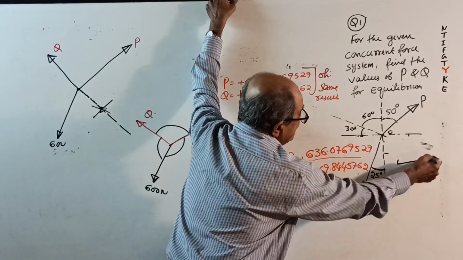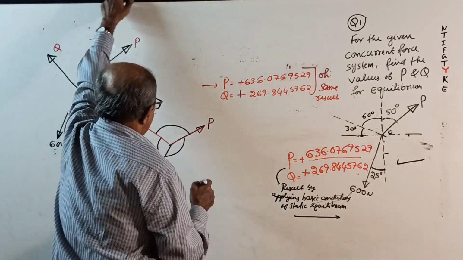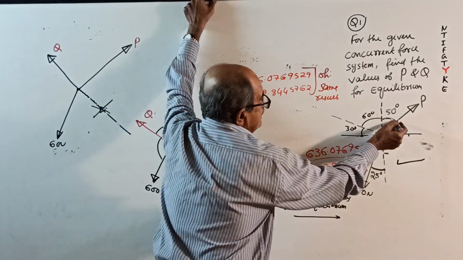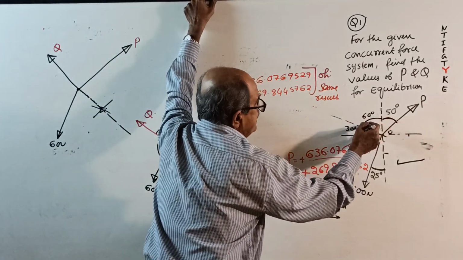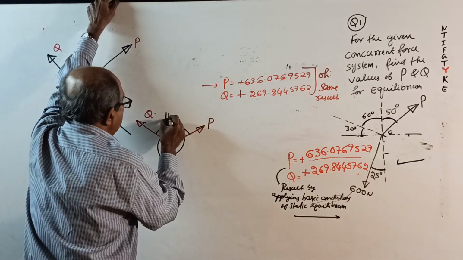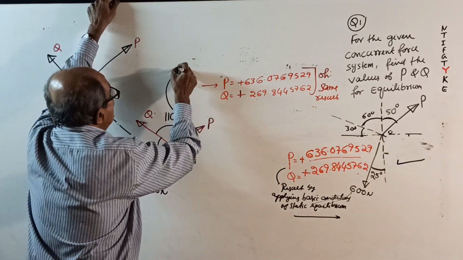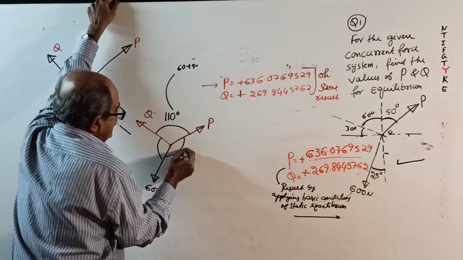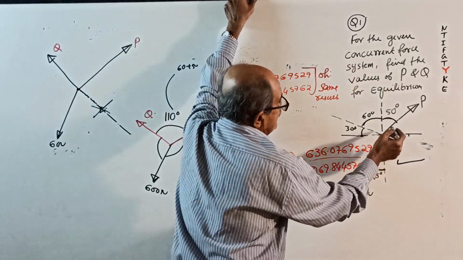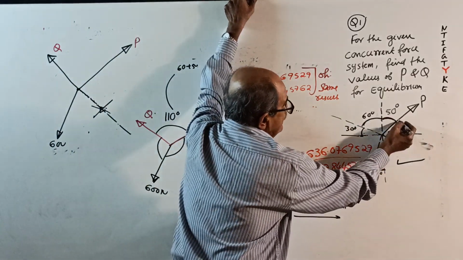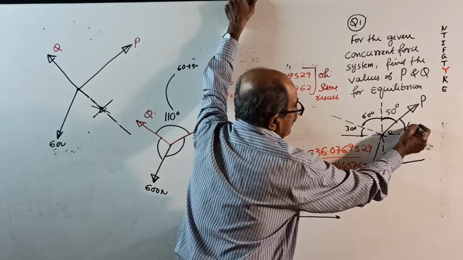You draw one more sketch like this. Now, see here, this angle: 60 degrees plus 50 degrees is 110 degrees. If this is 50 degrees, this angle is surely 40 degrees.